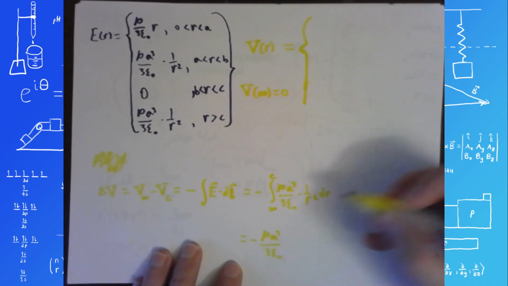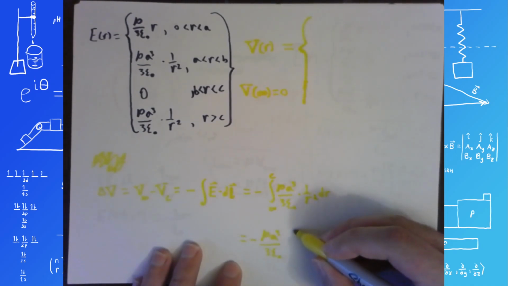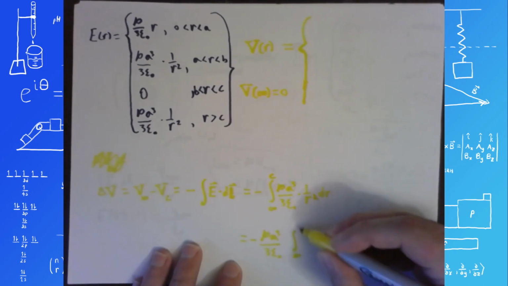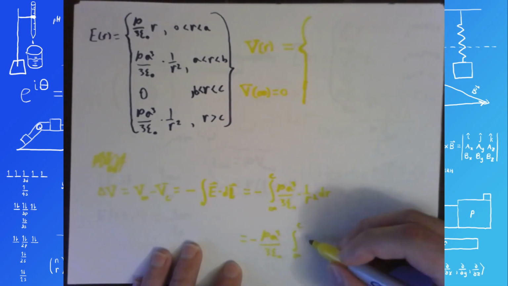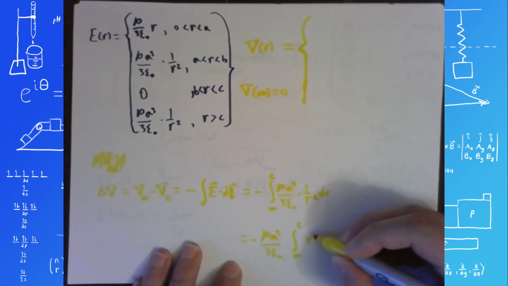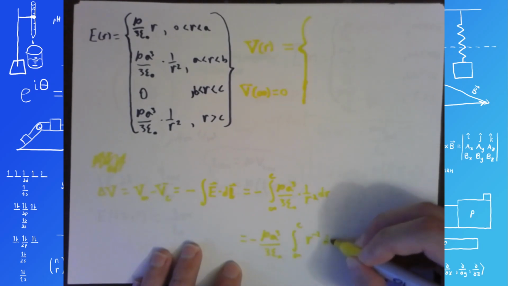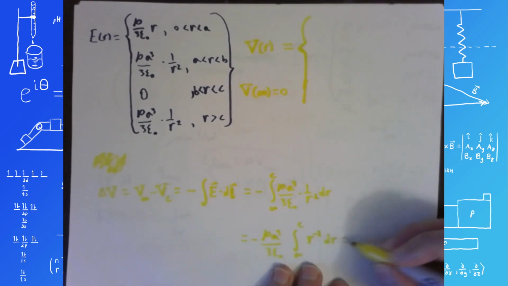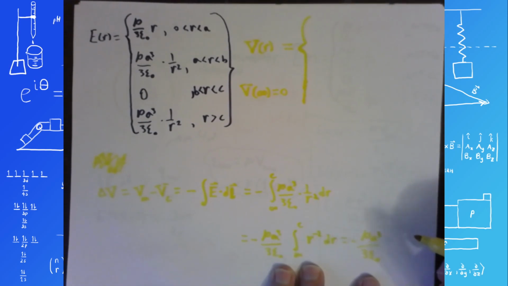Oh, it's supposed to be r squared. And then integral from infinity to c of 1 over r squared dr. 1 over r squared can be rewritten as r to the negative 2, which then integrates to r to the negative 1 over negative 1, so negative 1 over r.